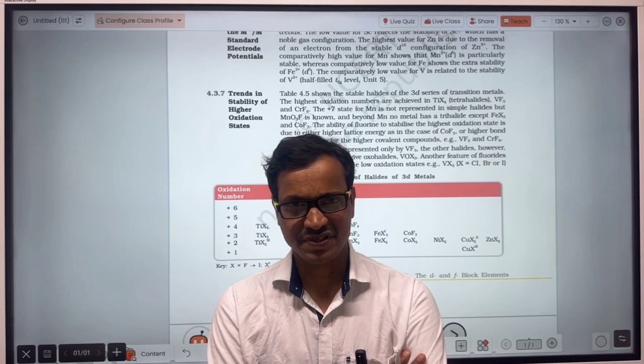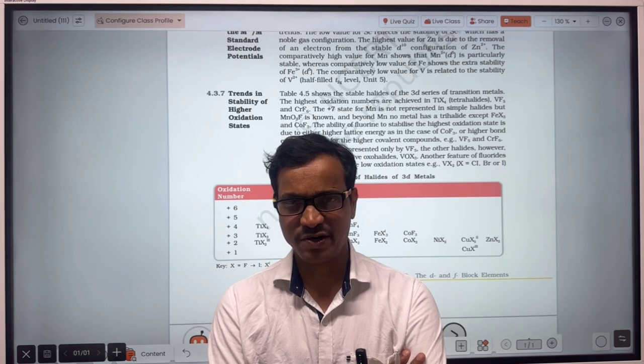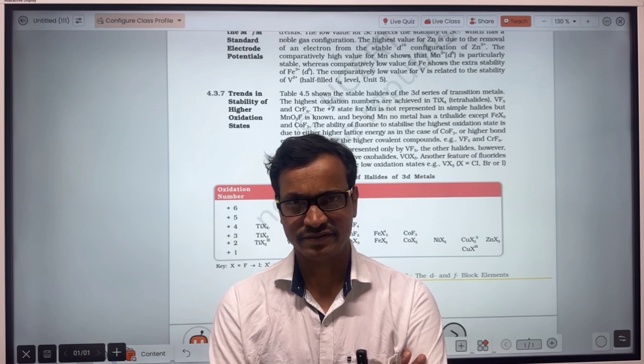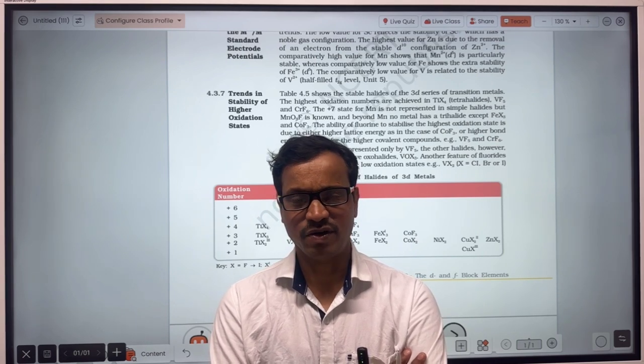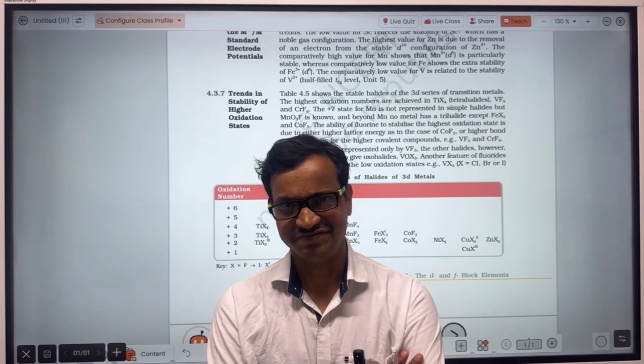Of the halogens, fluorine is the most electronegative element, and then oxygen is the second most electronegative element. The electronegativity of other halogens is also very high.